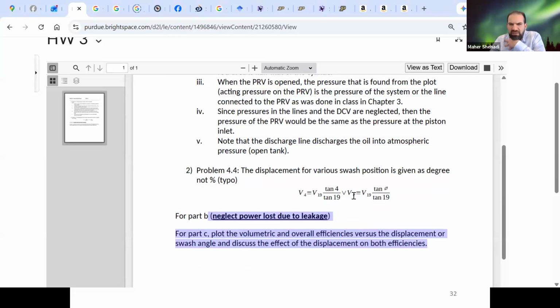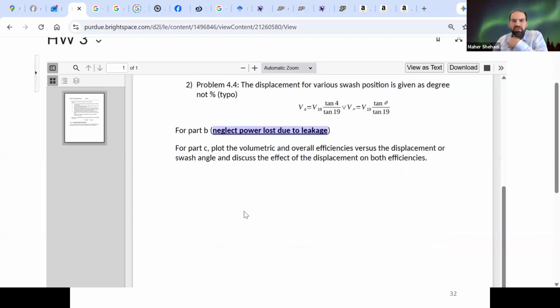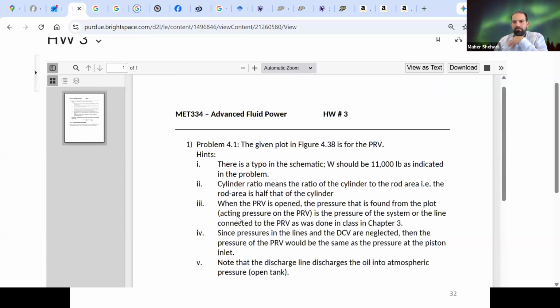There'll be this, I don't know what it is, a multiplication? Double check this equation. I can check it for you once we're done. I'm not sure what this symbol is. When I convert it to PDF and upload, it's slightly different. But there is some leakage and there's power due to leakage. Neglect that, okay? If you read through the text, you might find an example and they're including that power in their solution.